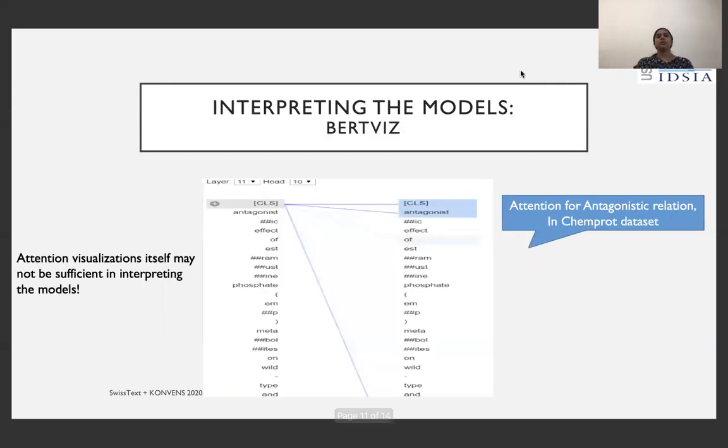With respect to the BERT model, we use BertViz, which is an open source tool which helps us to analyze the attention layers for the BERT transformer model.